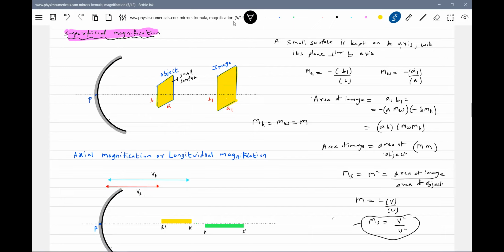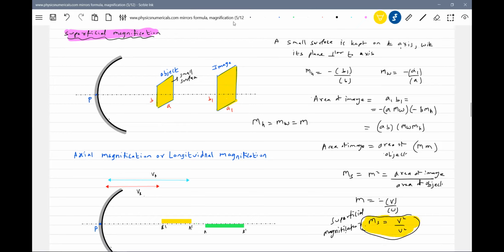So this is called superficial magnification. May not be very important. Somewhere a numerical may come, so just directly take help of this formula.